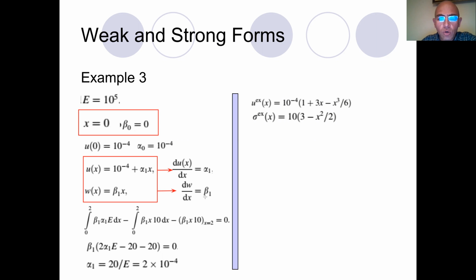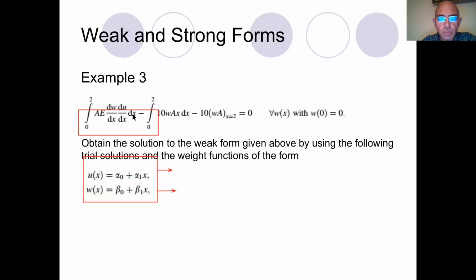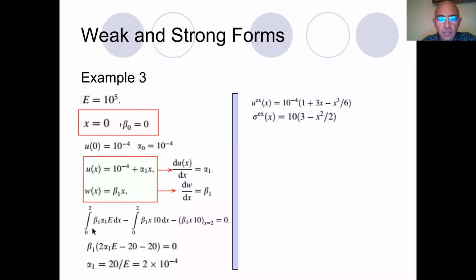Now, after substituting all these into the weak form, what I'm going to get is the integral from 0 to 2 of beta 1 alpha 1 E dx, minus the integral from 0 to 2 of beta 1 times 10 dx, minus beta 1 times 10 at x equal to 2. And this expression has to be equal to 0. Now I'm going to solve this expression and find beta 1 and alpha 1 from here.